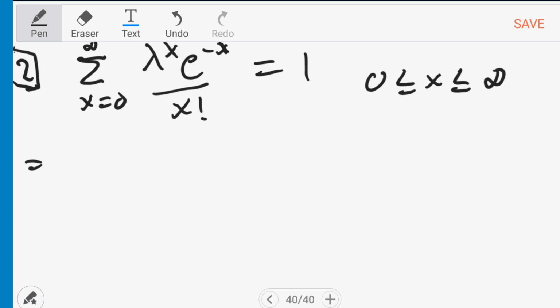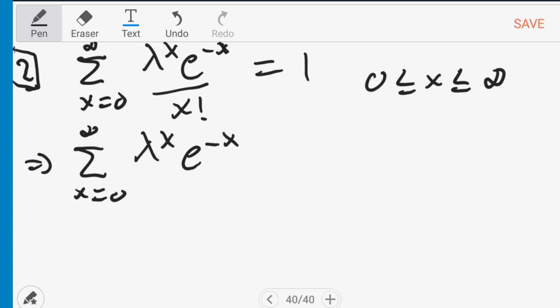So this implies that we can actually write what we have here. Our aim is to write it so that we can get a Maclaurin series out of it. So let's factor e to the power minus lambda out, because it's without an x, so it's treated as a constant.